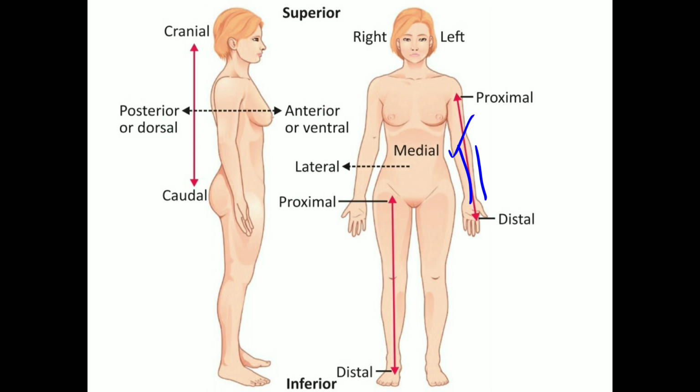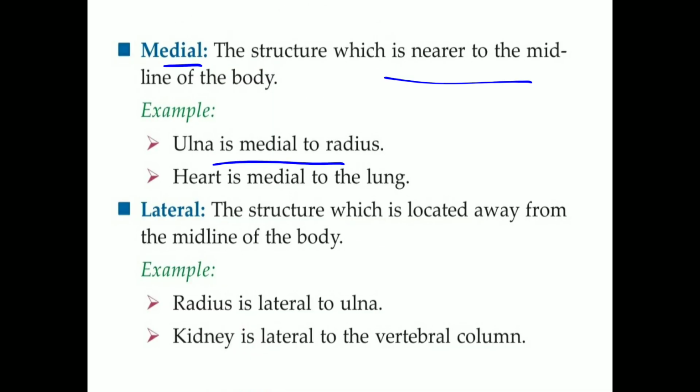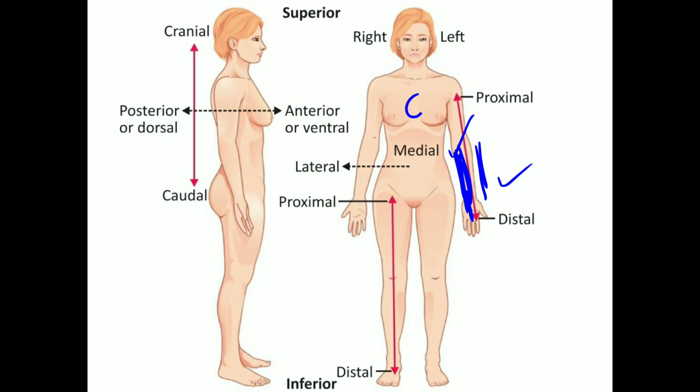Here, inner to the radius is ulna, and on the outside is radius. Here, ulna is medial to the radius, and the heart is medial to lung. Heart is at the center, lungs are on its sides, and so heart is medial to the lungs.